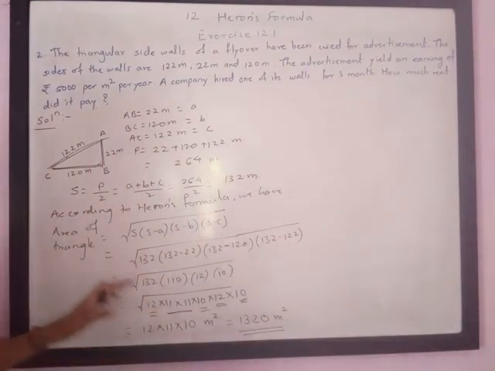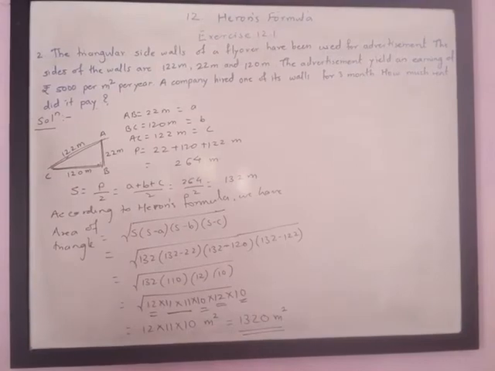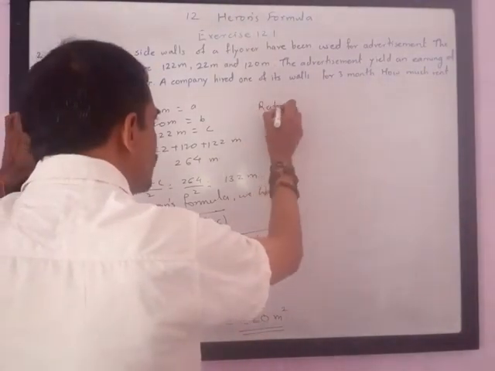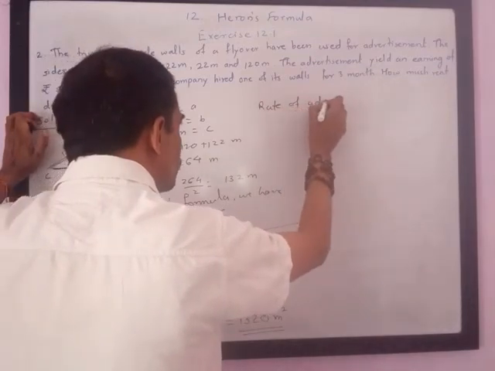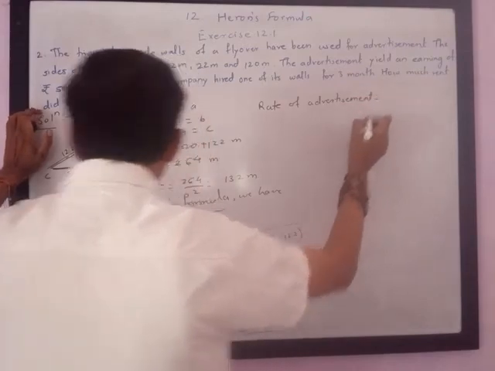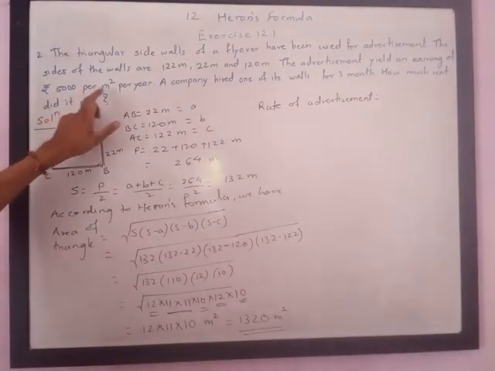Now rate of advertisement is 5,000 rupees per meter square per year.